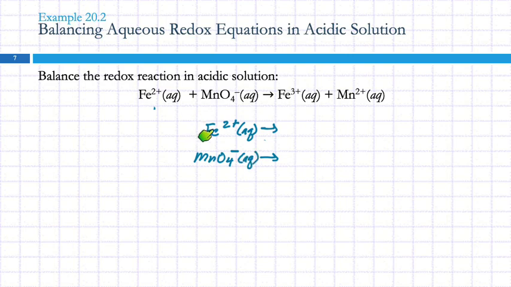And then the Fe2 plus is going to change into which of these products? The Fe3 plus, right? Sometimes it's not as obvious. And this manganese must turn into that manganese.